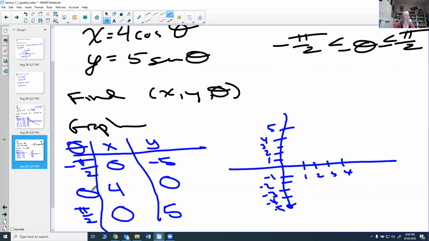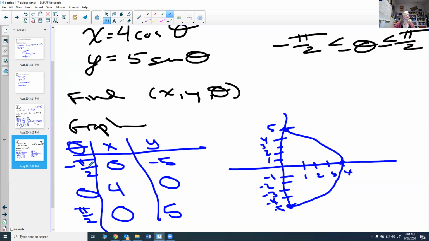When theta is 0, I get the point 4, 0. And when theta is pi halves, I get 0, 5. You can't really see this because I don't have enough points in here, but I bet this does something like this.